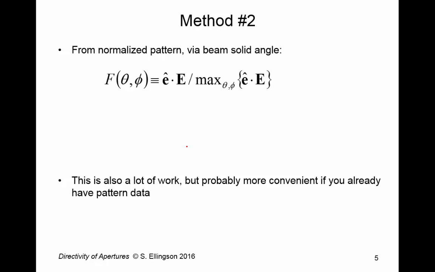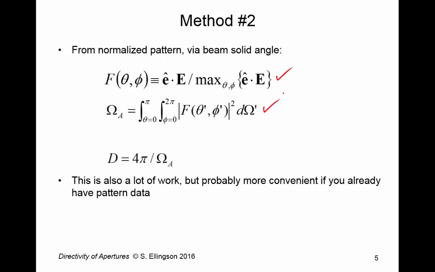Method two, we can do this from the normalized pattern via the beam solid angle. And there the idea was first compute the normalized pattern, then compute the beam solid angle, so that's just an integral over the normalized pattern, and then finally compute the directivity as 4 pi over the beam solid angle. Now, that's also a lot of work.